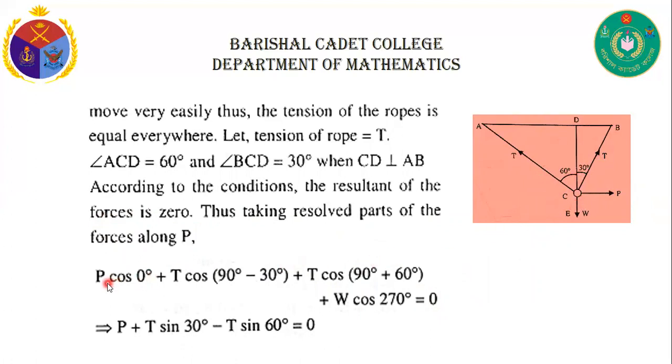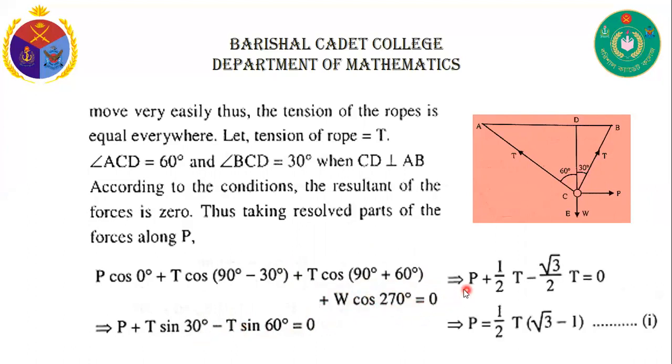So now P cos 0 equals 1, that is P, T cos 90 minus 60, it is cos 60. Cos 60 we can write as sine 30, and here T cos 90 plus 60 we can write as minus T sine 60, and W cos 270 degrees equals 0, that is W times 0.